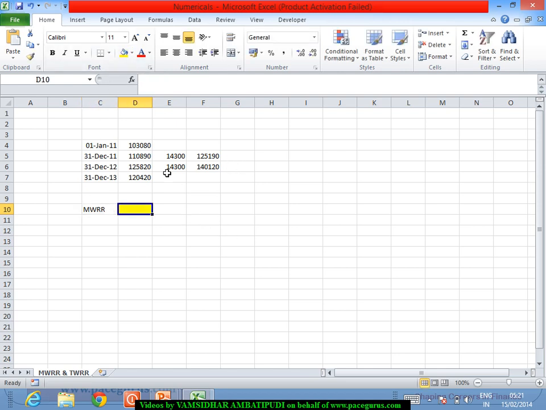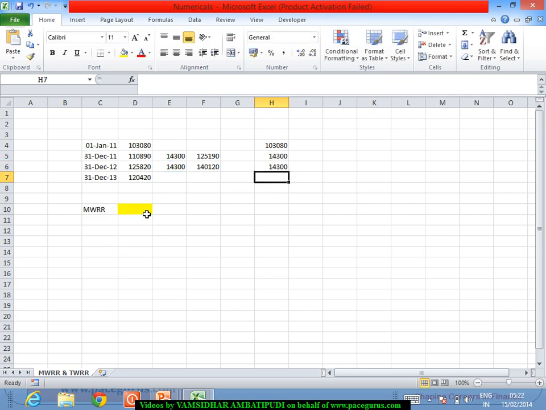All we are saying is 103,080 into (1 + I) cube, plus 14,300 into (1 + I) square, plus 14,300 into (1 + I).